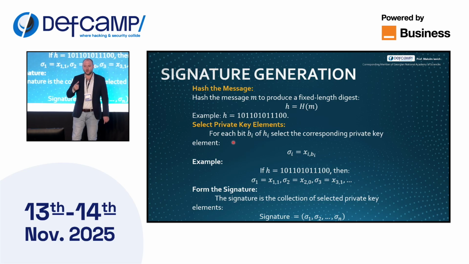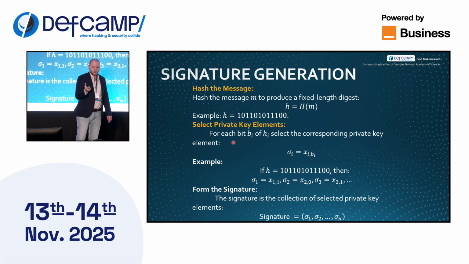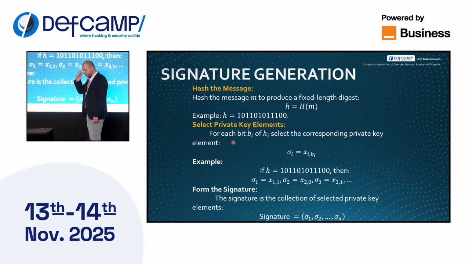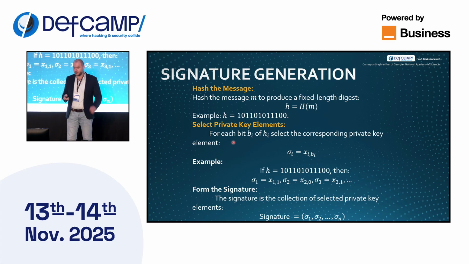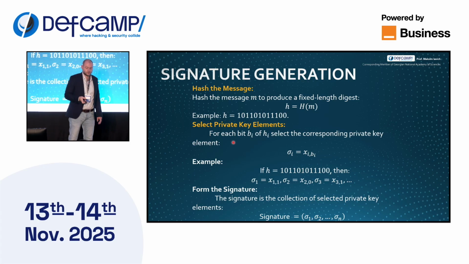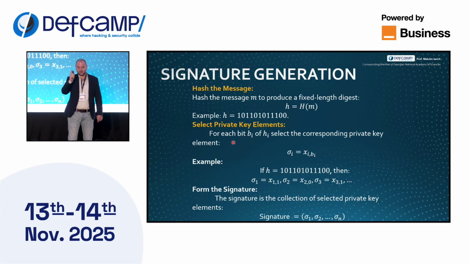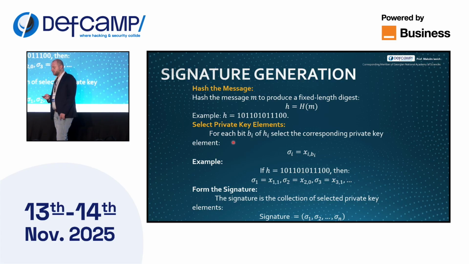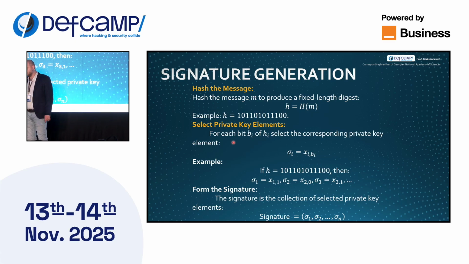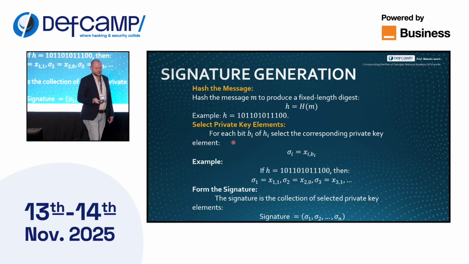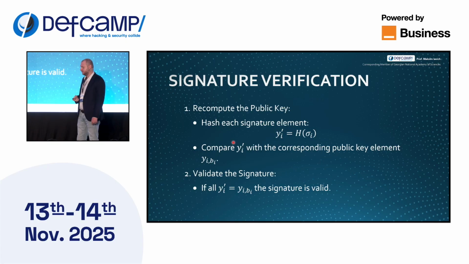If it's 0, we take the first signature key from the corresponding pair of signature keys. The second bit is 0, so we take the first signature key from the first pair. And the final signature is just a concatenation of all these signature keys. So we leak some signature keys, but only half of them.